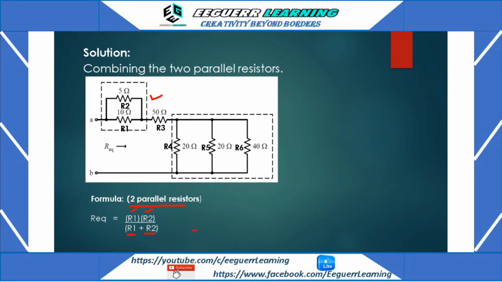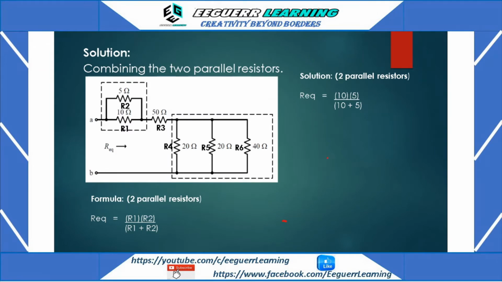So this is the R1 and R2. We're going to combine these parallel resistors. And proceeding with the next, we're going to get the values for R1 and R2.